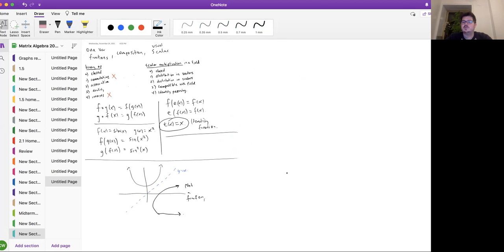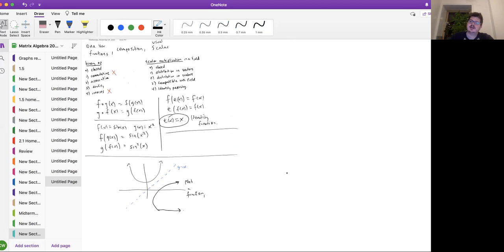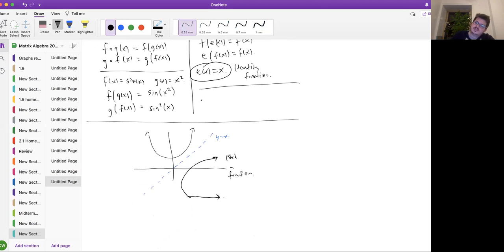One-to-one is another word. Only one-to-one functions, or in other words, functions that pass the horizontal line test, are the only ones that have inverses.